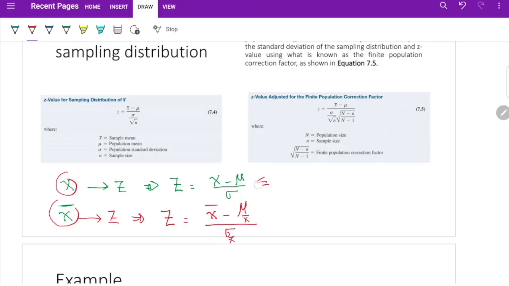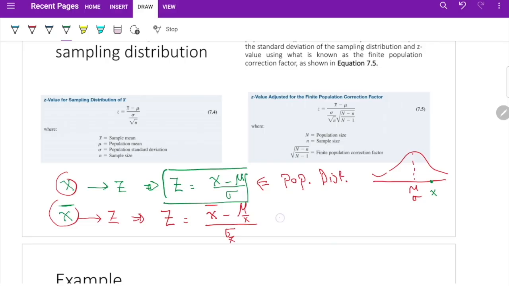Again, this is the population distribution. Here we have the mean of the population and the standard deviation of the population. If I give you any x value somewhere here and ask you to standardize it, you do this.